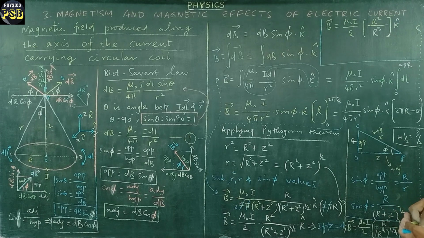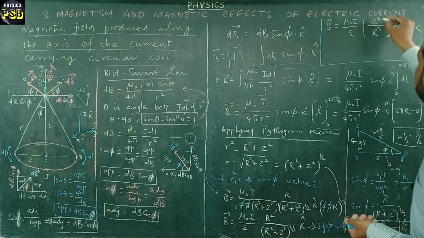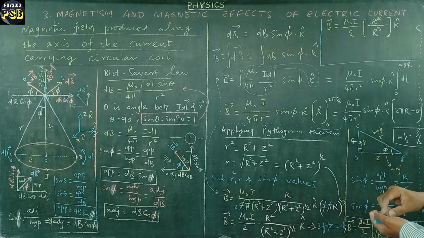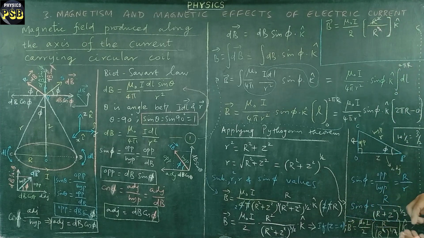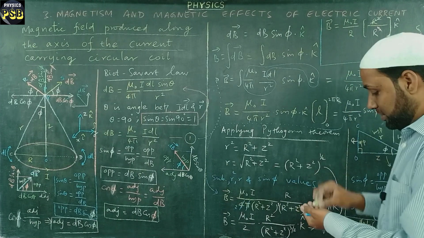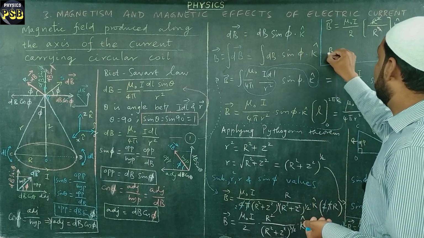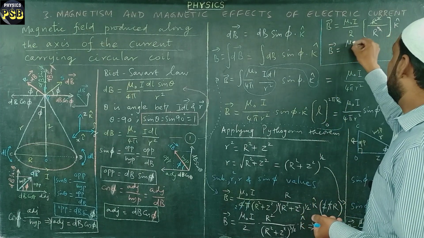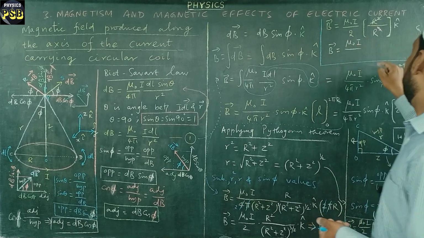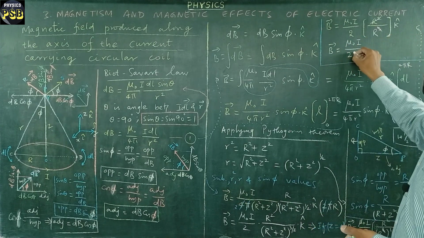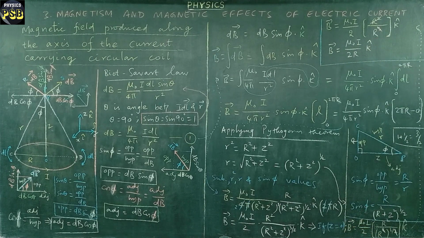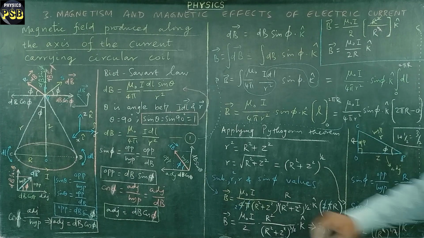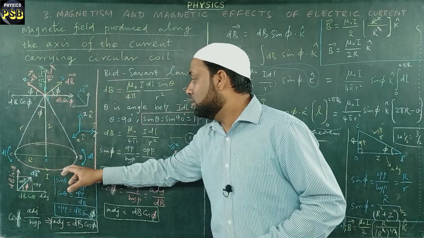Now again, this and this get cancelled, and what remains at the end is nothing but this. B vector is equal to mu naught I upon 2R K cap. This is the final expression which provides us the magnetic field at point P due to this current carrying coil.